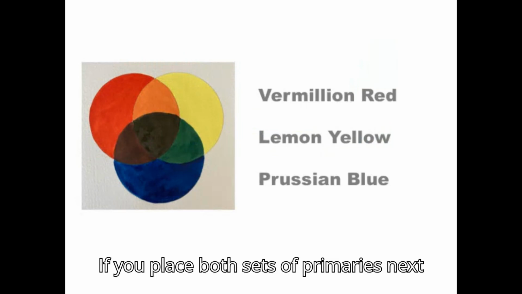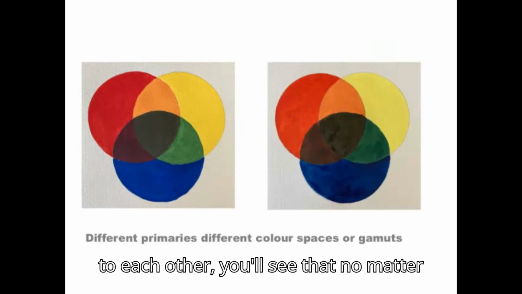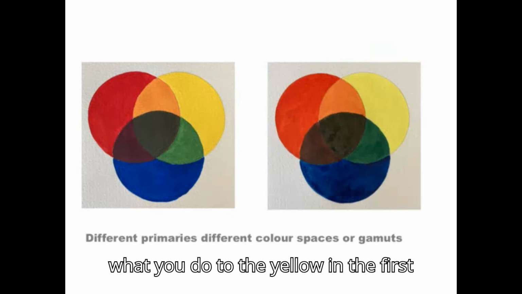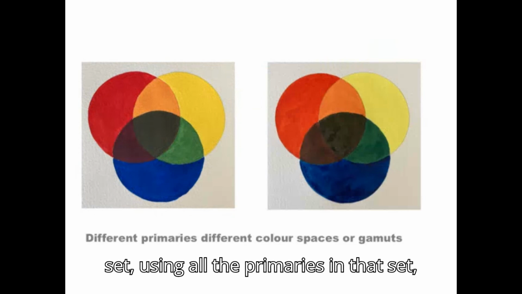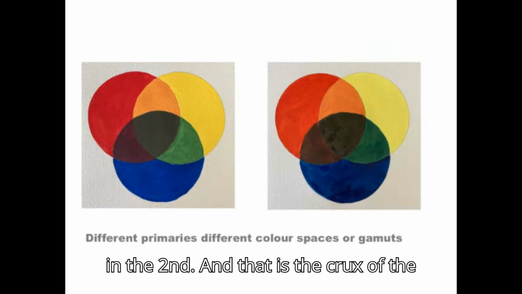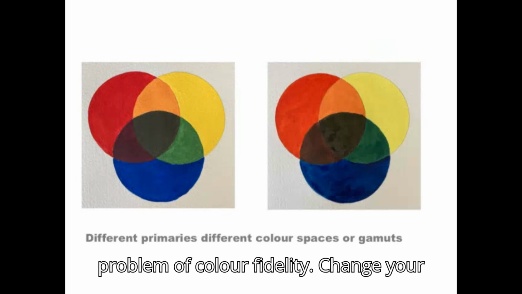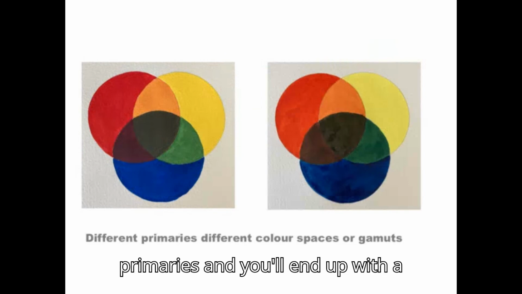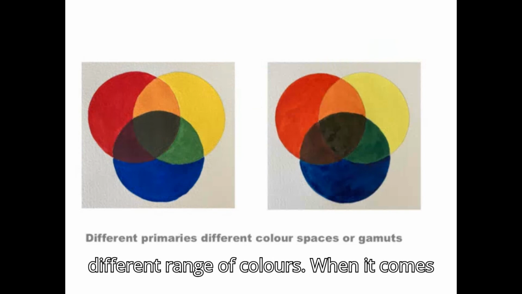If you place both sets of primaries next to each other, you'll see that no matter what you do to the yellow in the first set, using all the primaries in that set, you'll not be able to create the yellow in the second. And that is the crux of the problem of colour fidelity. Change your primaries and you'll end up with a different range of colours.